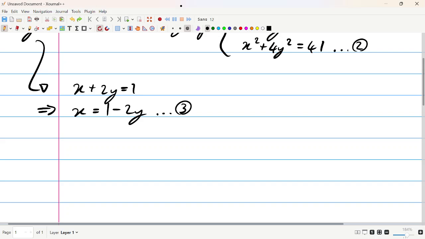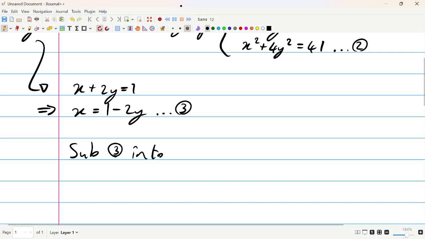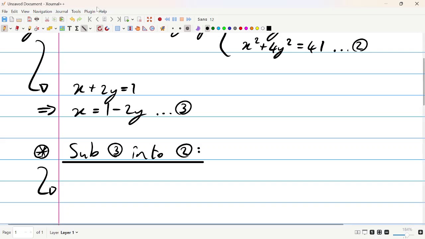We are going to tell the marker that I am going to sub equation 3 into equation 2. Okay? So that is what I'm going to do for the marker, and then I'm going to do my solution. Usually I just underline these things, but you don't have to.